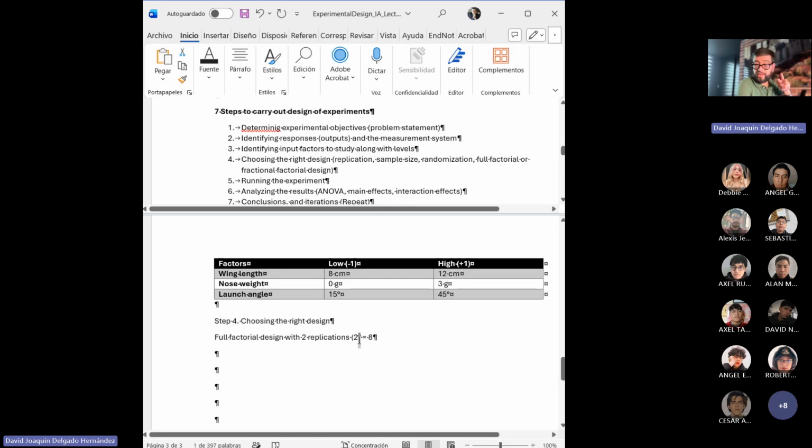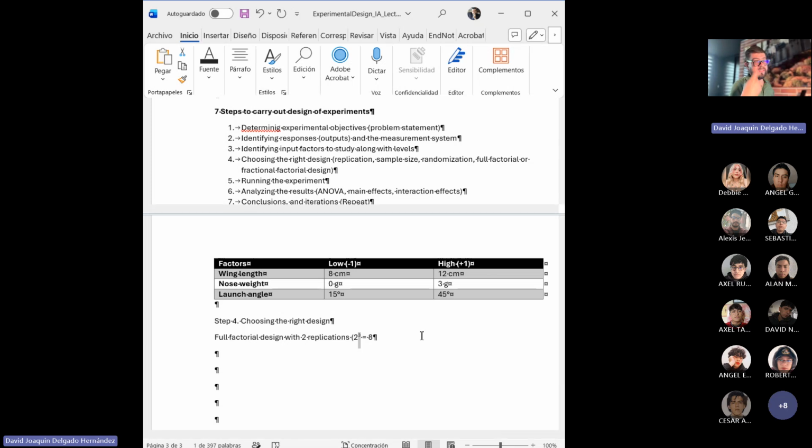Okay, so 2 to the 3 means 8 different combinations, right? It is -1, -1, -1, the first one, then -1, -1, +1, that is the second, and so on. Okay, but since we have two replications, we are going to have 16 experiments in total. That is the right design.